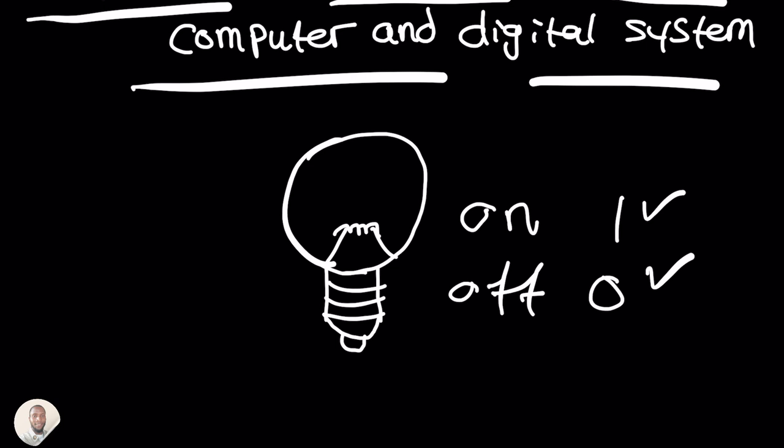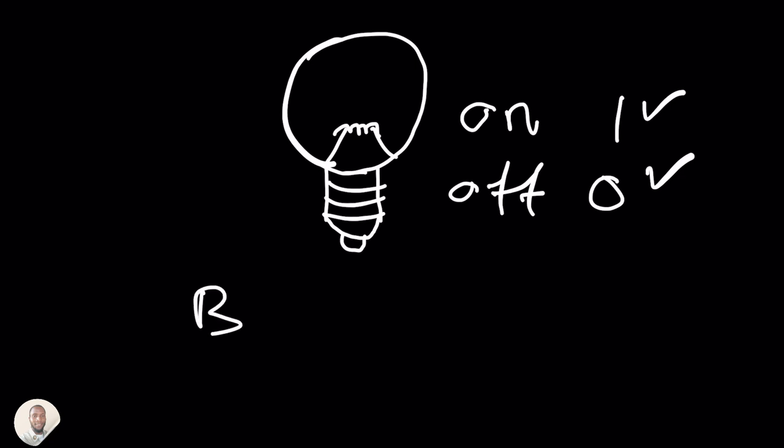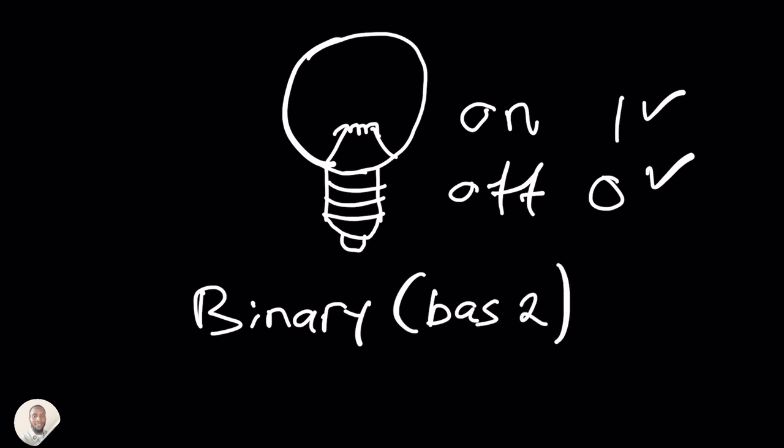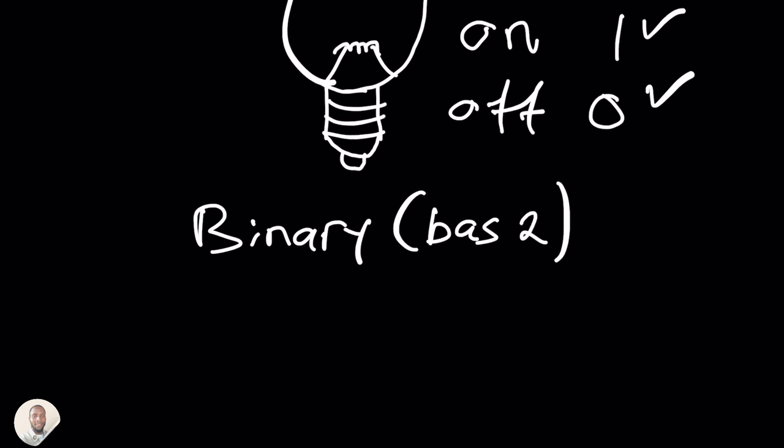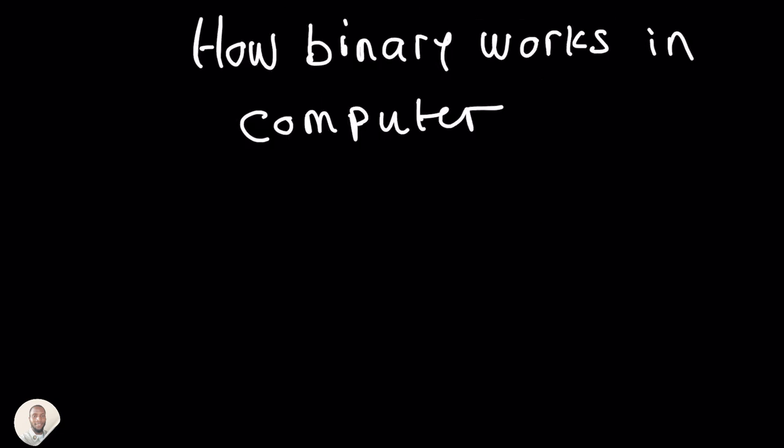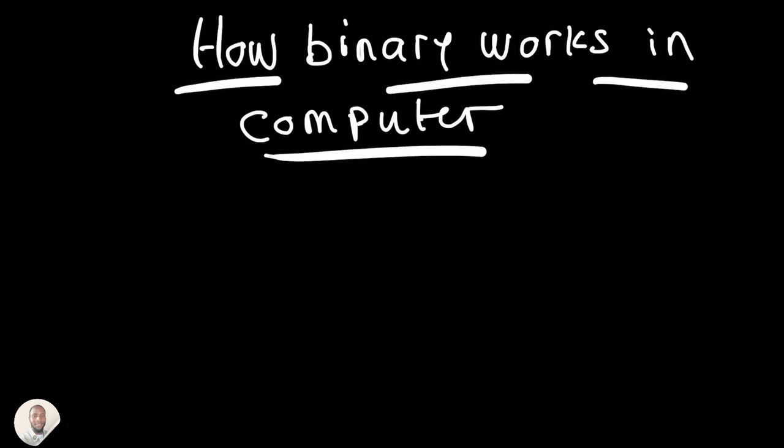Since computers use tiny electrical signals, they cannot understand human language or numbers directly. Instead, they use a special way of counting called binary, right? Binary, which is also known as what? Base 2. Now, this consists of only two numbers, as we have said earlier on, 1 and 0. It does not support any other numbers. Let's consider how binary works in computers.